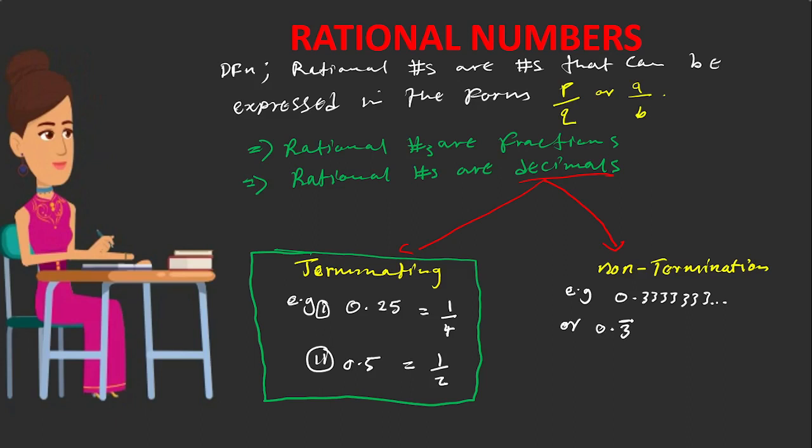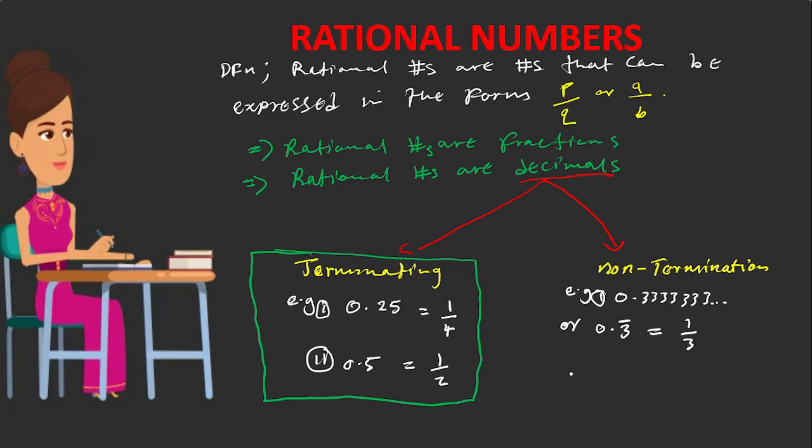We avoid continuously writing 3333 and the dots, so we just say 0.3 bar. The bar tells you that 3 is repeating itself. This can be written as 1 over 3. This is the first example of a non-terminating decimal I can give.